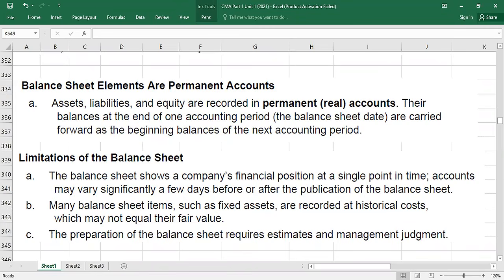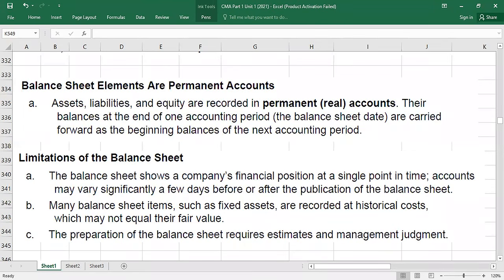Because the balance sheet we prepare at a specific date. For example, if you are preparing at 31st December 2022, it means you are saying I have assets as per this date, this much cash, this much liability, this much equity, right? And the very next day, if I make payments, that position might change. So this is the first limitation.